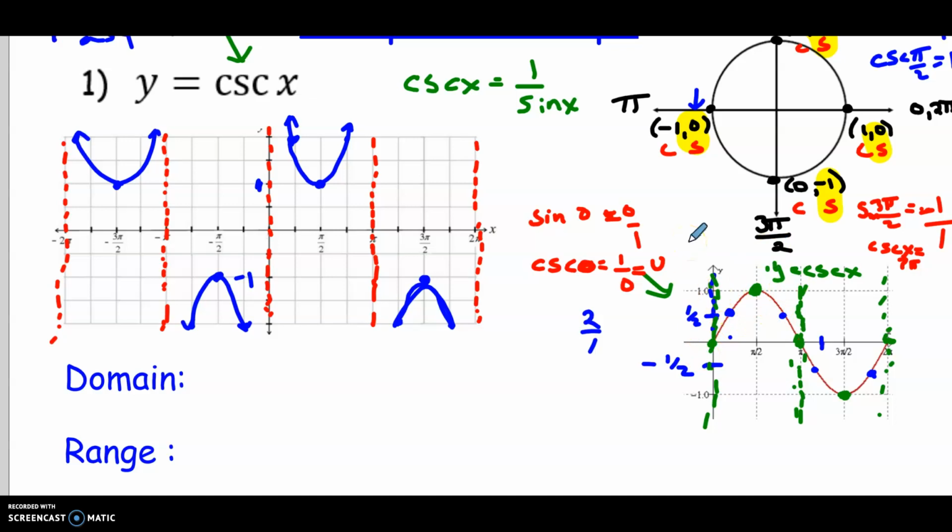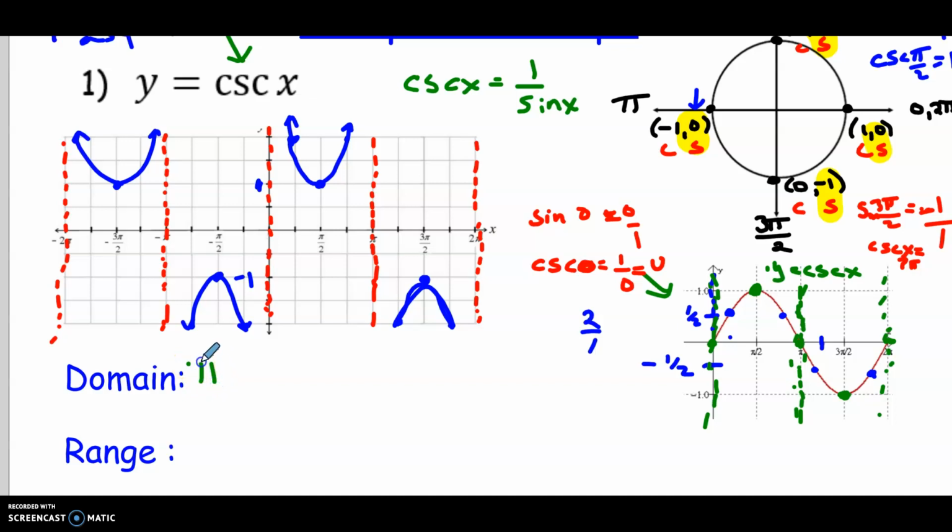Okay, so domain. This looks very similar to the tan graph in the sense that I have some interruptions in my domain, so I cannot say it's all real numbers, but I'm trying to find the pattern. So here I have an asymptote at 0, at pi, at 2 pi. I would believe the next one would be 3 pi, 4 pi, 5 pi. So how do we address the domain?